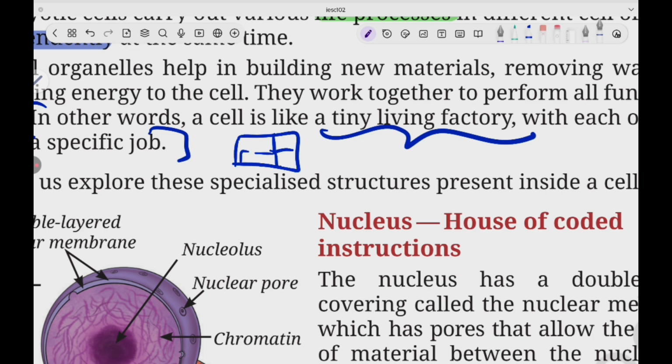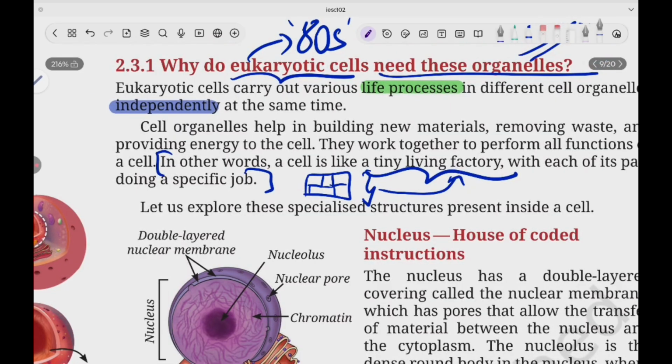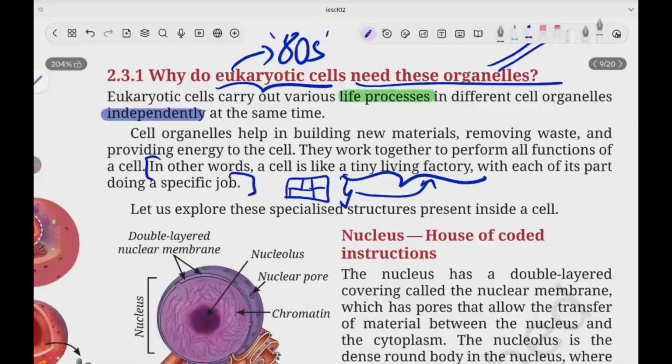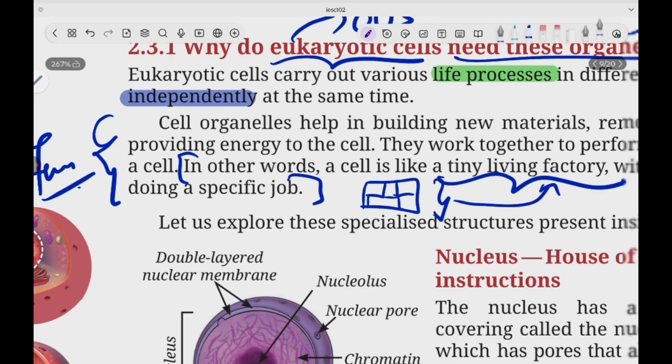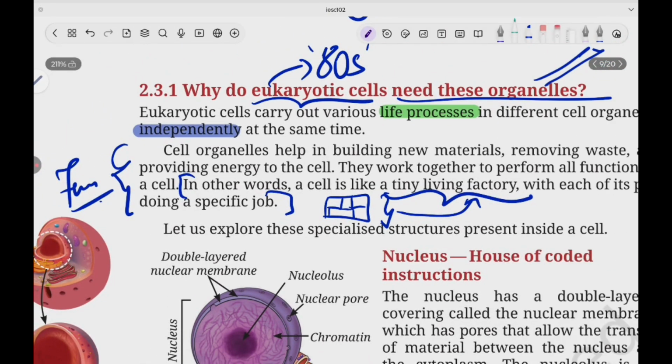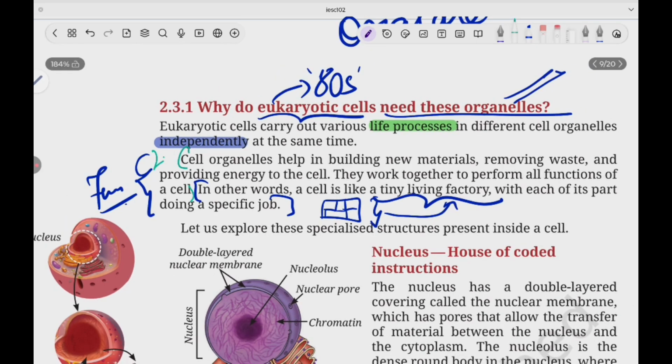Here there is one machine, here there is another machine, but they all do one thing; they are coordinating for the factory. So they have given the functions of cell organelles here. You can write it as the function of cell organelles in 2 mark questions: cell organelles help in building new materials, removing waste, and providing energy.